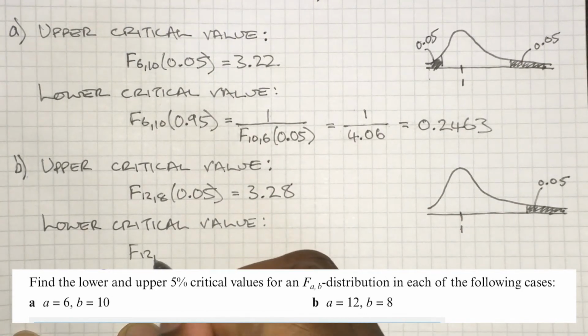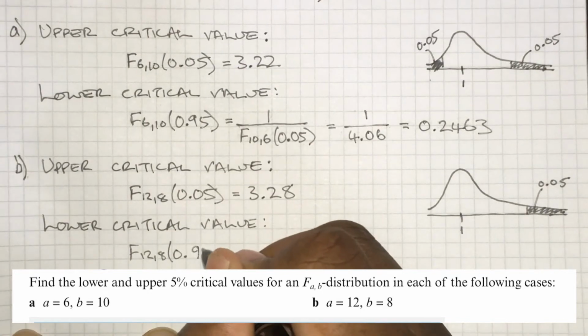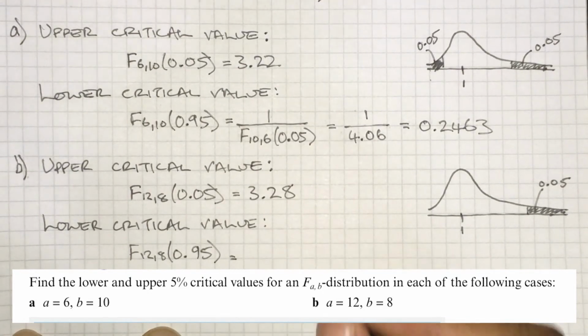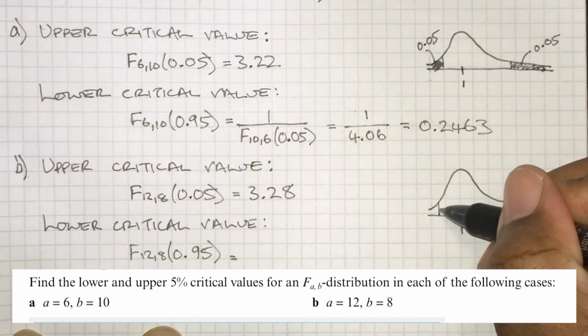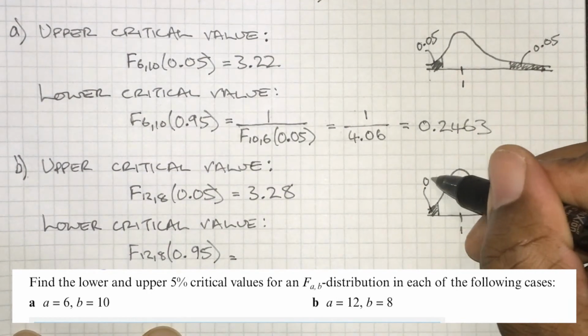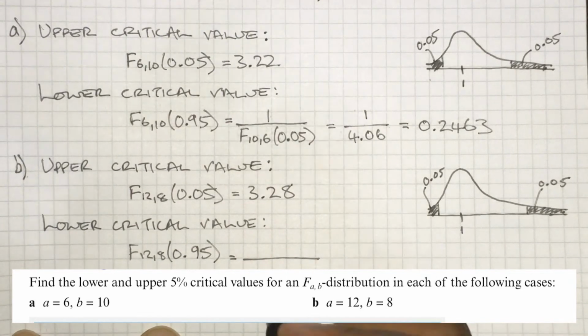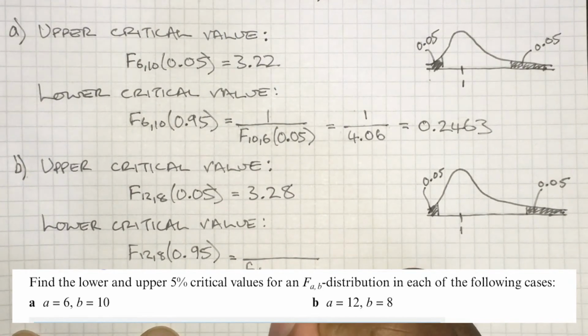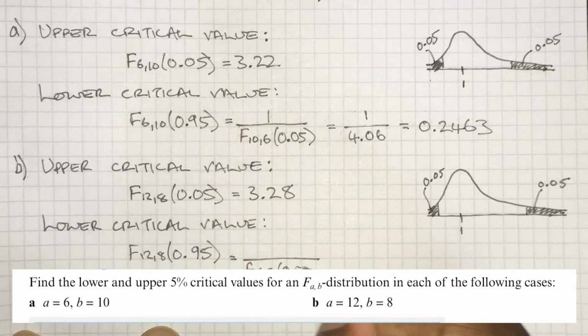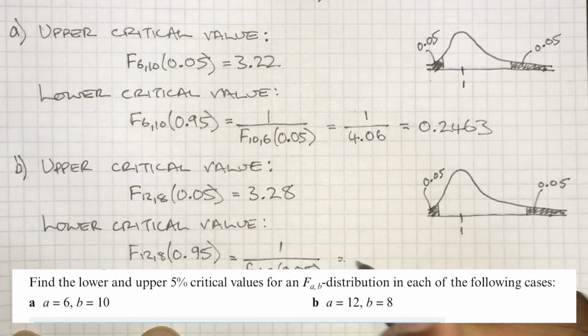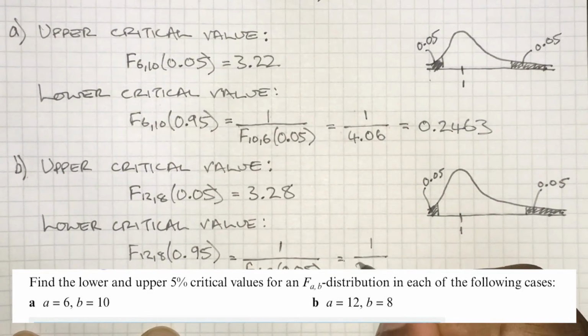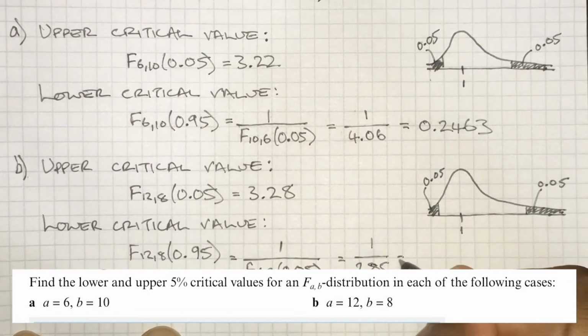Okay, the lower critical value, something similar. I need a value exceeded by 95%. I realise that's going to be this reciprocal statement. I get 1 over F 8,12 at 0.05, which is 1 over 2.85, which leaves us with 0.3509.